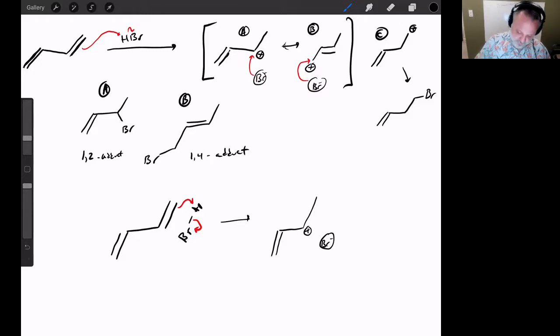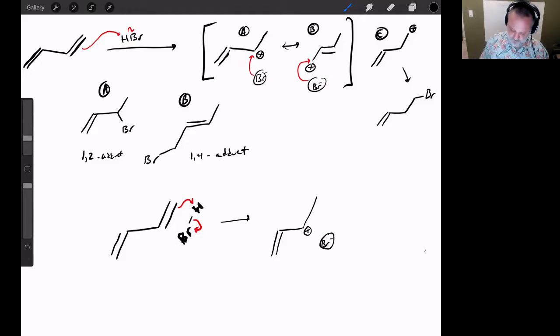Once this first step of the reaction takes place and HBr donates its proton, the bromine's still sticking around there. And I guess I should have known that from my explanation about the stereochemical outcome of substitution reactions back in Organic Chemistry 1, but it's hard to put all the pieces together sometimes.